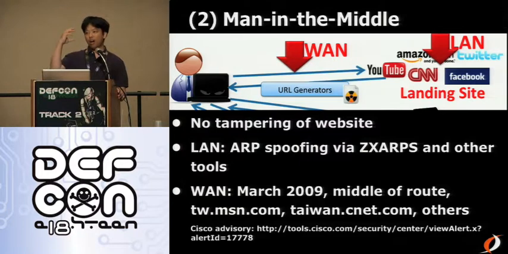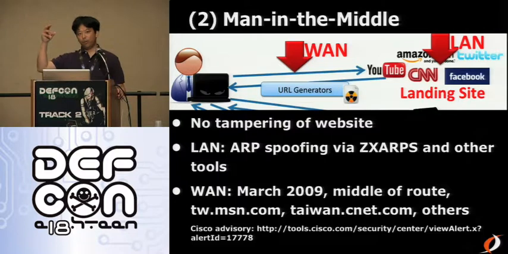If the attacker is able to compromise other machines on the same LAN segment as your web server, they may not choose to infect the web server directly, because then it is very easy for you to find the injection and fix it. They would compromise another machine that can do ARP spoofing and then use a tool like ZXARPS to act as a man in the middle. It would just be passing traffic through, but for every HTTP response that it gets from the server, it would inject a malicious script or iframe and then pass it back.